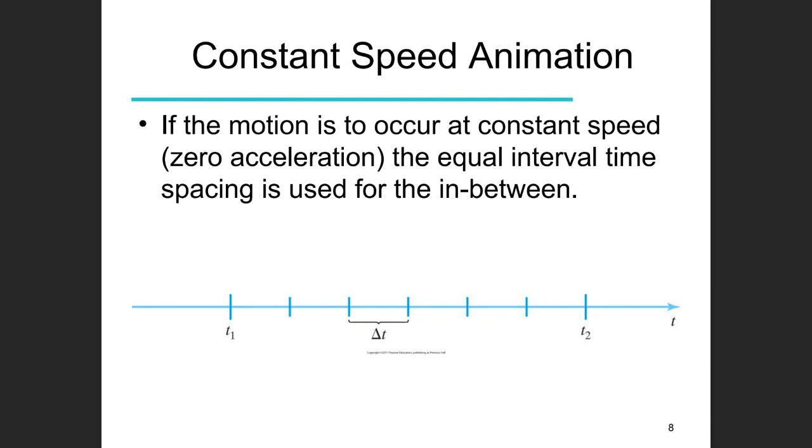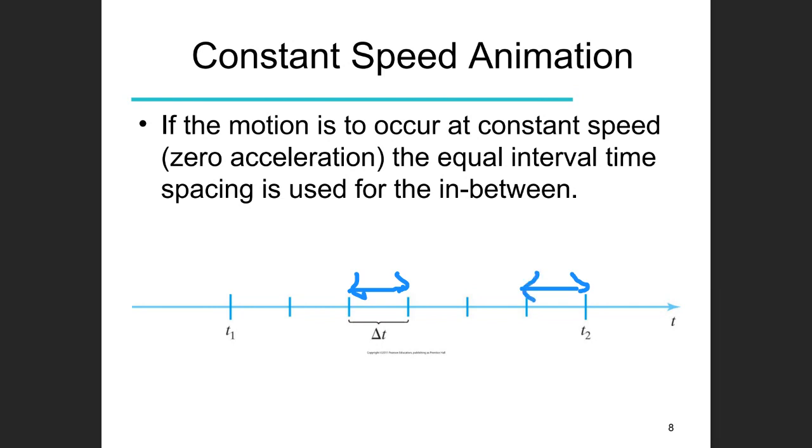In the case of the constant speed animation, the interval between any two consecutive in-between frames is fixed, or the interval between the first keyframe and the first in-between frame is fixed. We can call this interval delta. So either we measure the delta here between these two, or we measure the delta anywhere, and it is going to remain fixed.